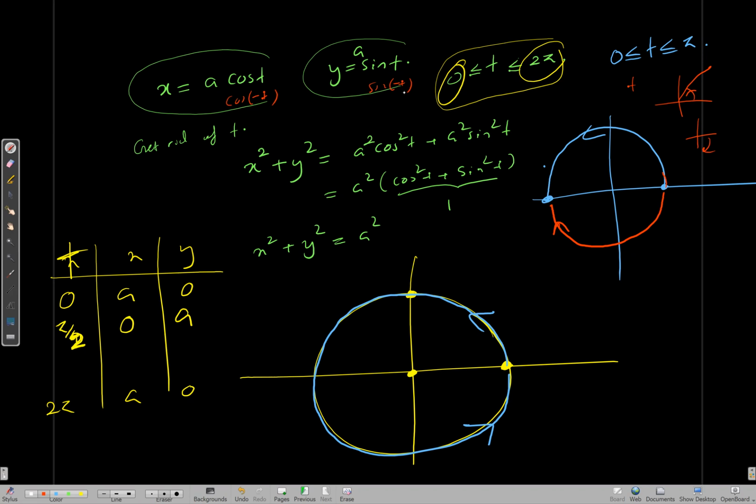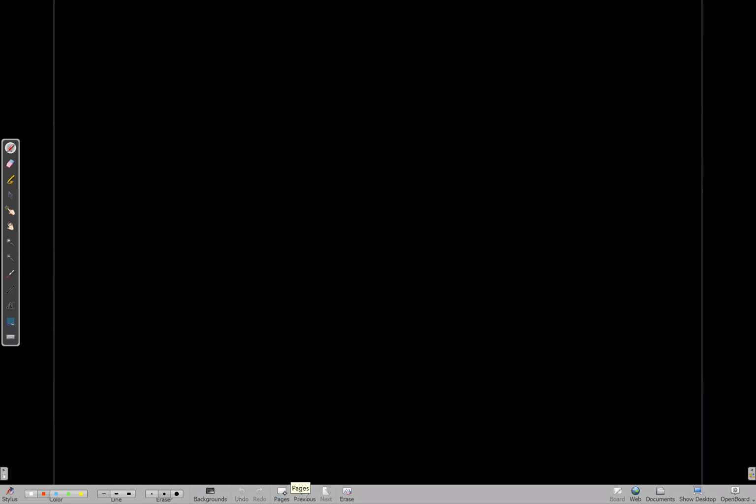Now let's see more examples. Seeing more examples is the easier way to deal with this. Let's say, how about another example: x equals t, y equals the square root of 1 minus t squared, where t is between -1 and 0. Now here, how do you draw this?